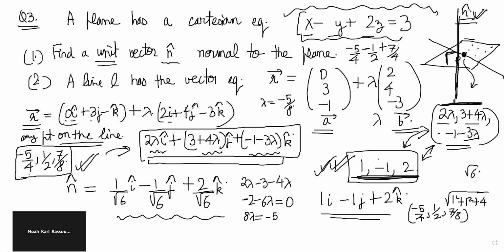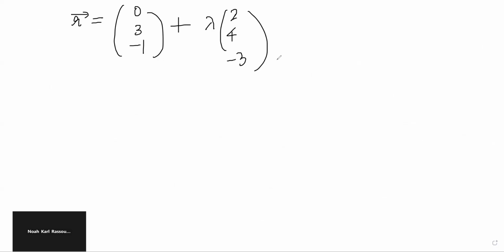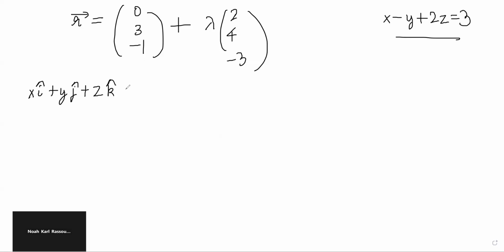1 second. So my vector equation was 0, 0, 3 minus 1 plus lambda times 2, 4 minus 3. And the plane equation was x minus y plus 2z equals 3. Think of this like this: xi plus yj plus zk is equal to this.